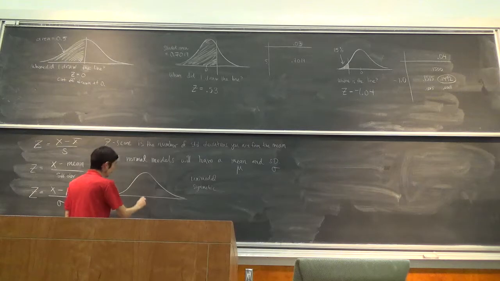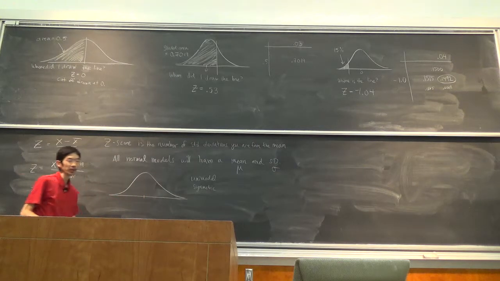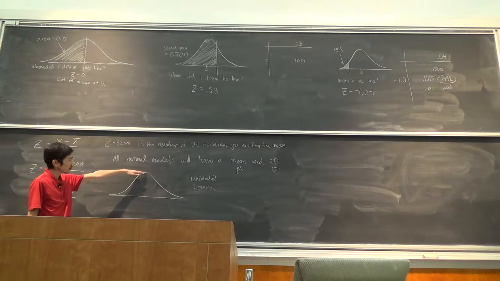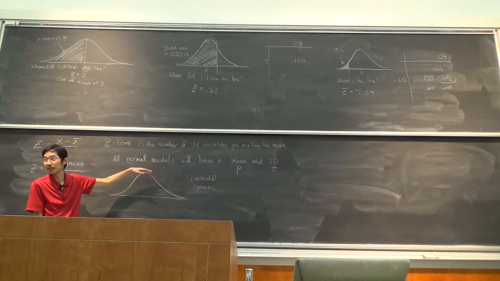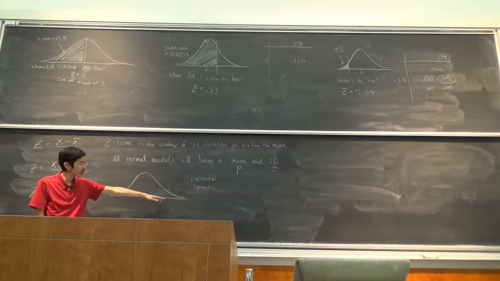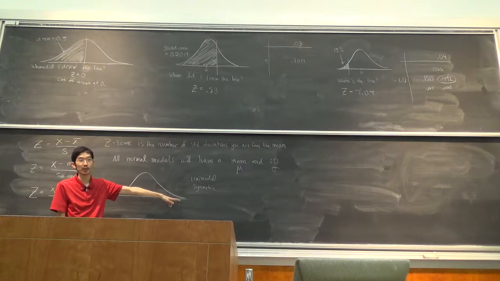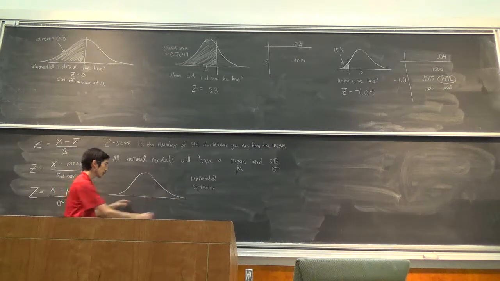That means numbers near the middle, are they more common or less common than the other points? Okay, so in the middle, the hill is high. So that means these are more common. If I go above the middle, more common or less common? Less common than the middle, okay? What if I go over here?